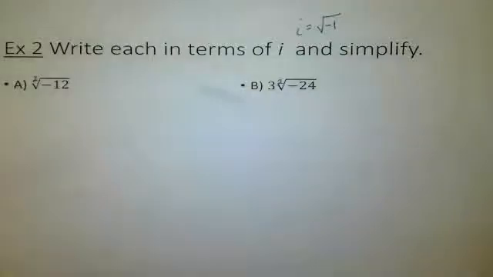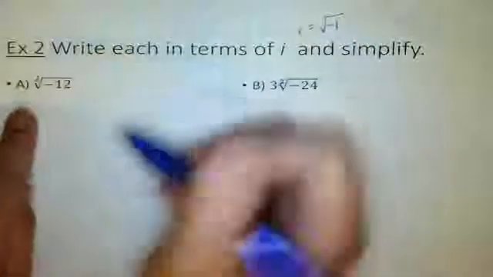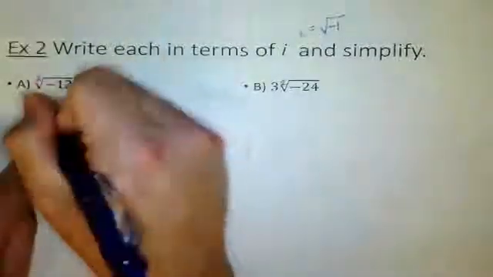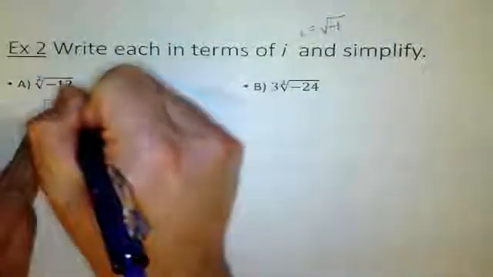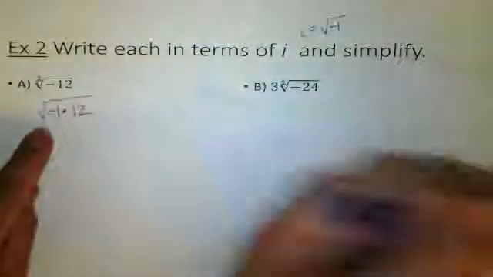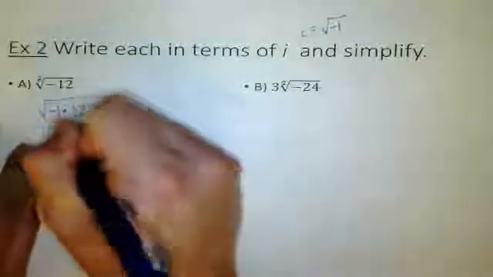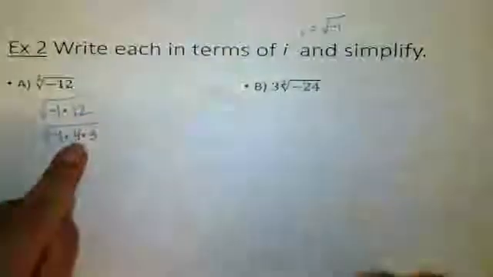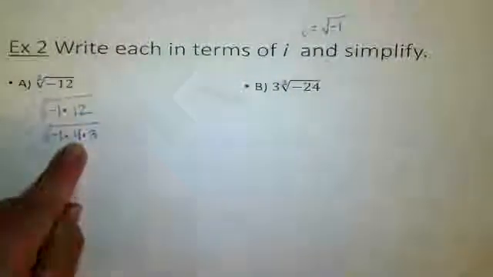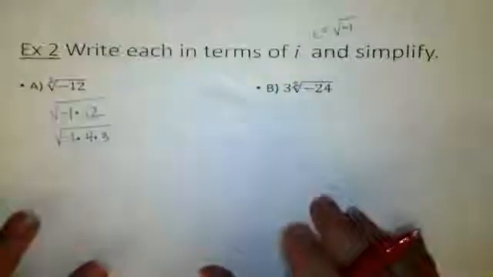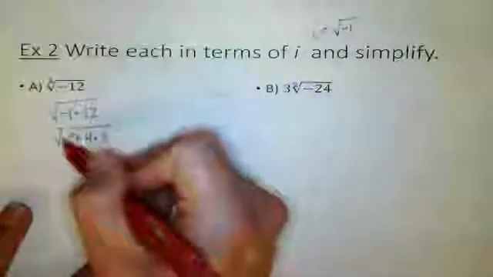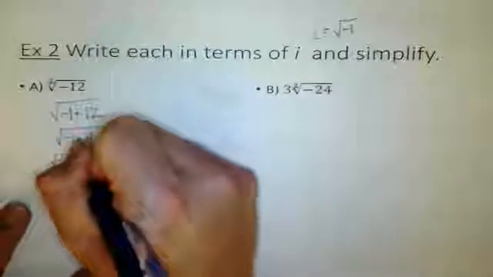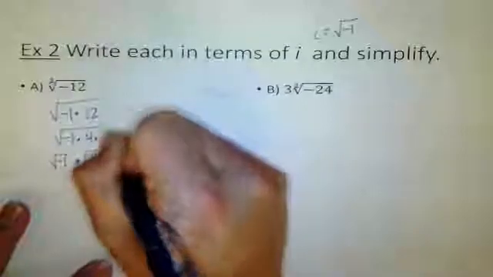Okay. All right, so here, what I'm going to do for the square root of -12 is I like to break square roots apart, and I see this as a -1 times 12. And I can break apart 12 into what times what? 4 times 3. And I chose 4 because 4 is a perfect square. And so when I'm simplifying these square roots, this is really the square root of -1 times the square root of 4 times the square root of 3.